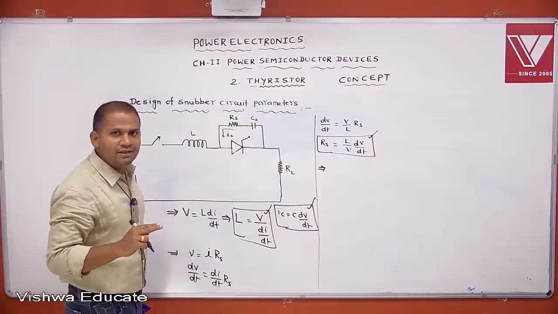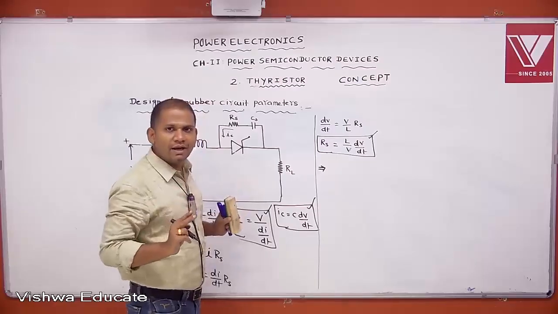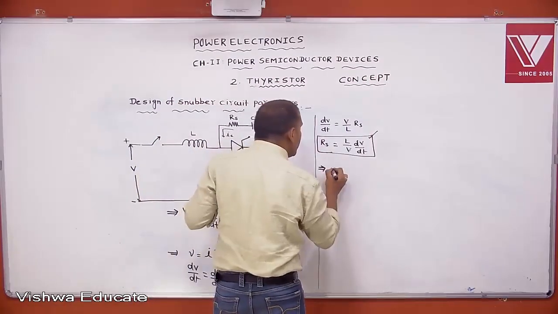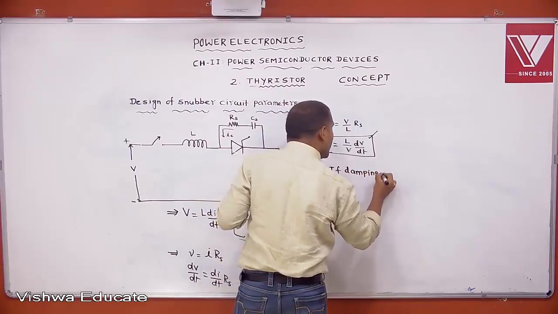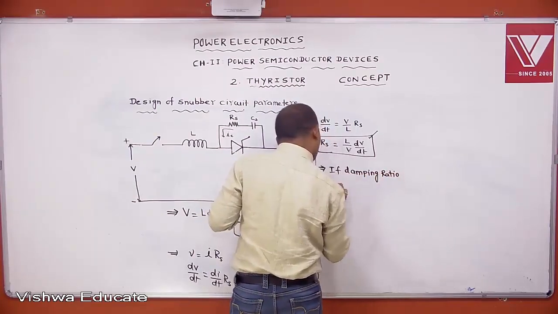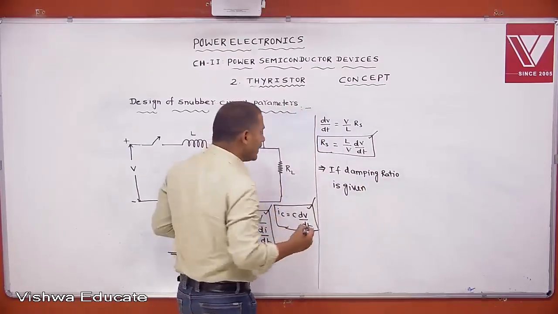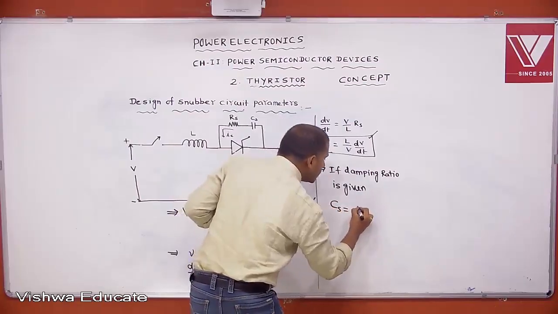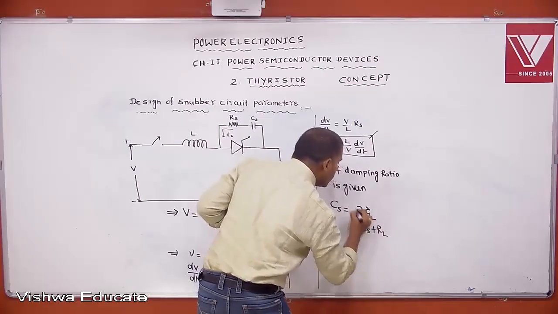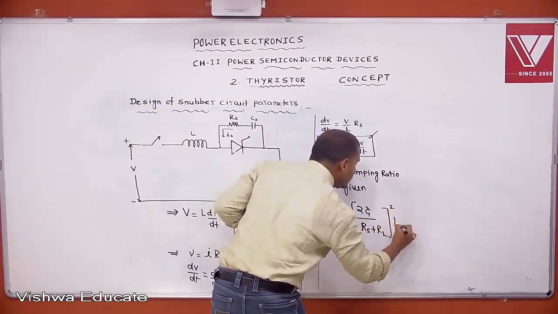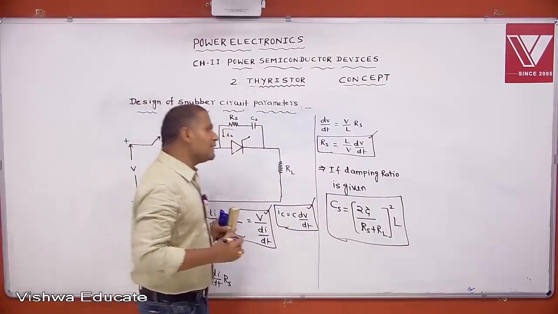By solving that second order system equation, I am giving the result directly, no need of derivation here. If the damping ratio is given, then the snubber circuit capacitance Cs equal to 2 zeta by Rs plus RL, whole square, into L, where zeta is the damping ratio.